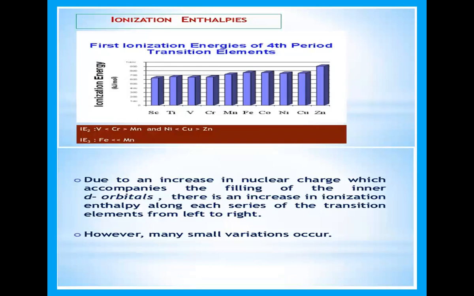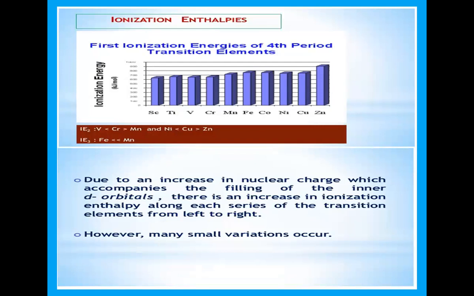So the next factor is ionization energy. As we know, ionization energy is a factor decided not only by atomic size, where an increase in atomic size means a decrease in ionization energy, but at the same time, an increase in nuclear charge also increases ionization energy.